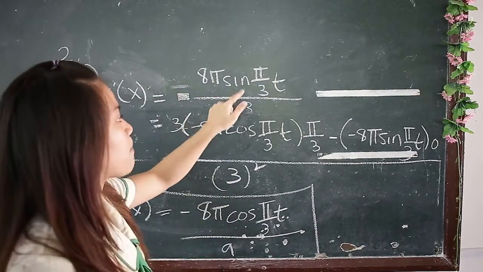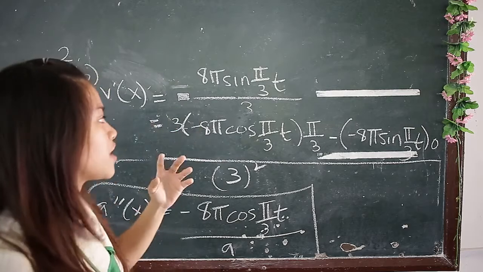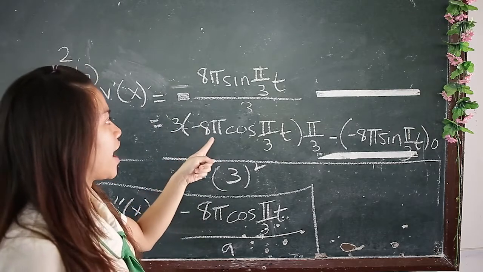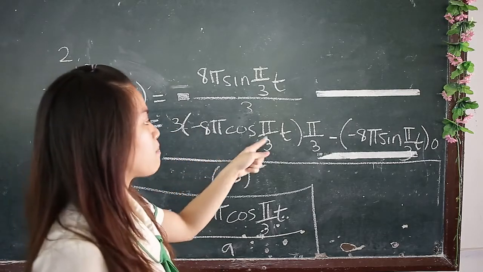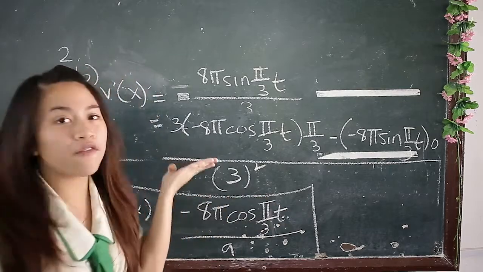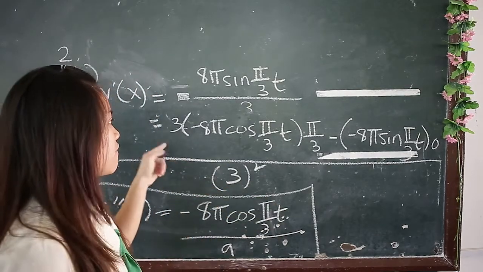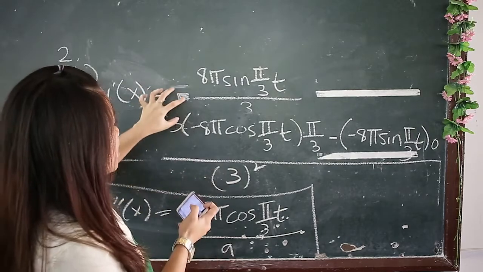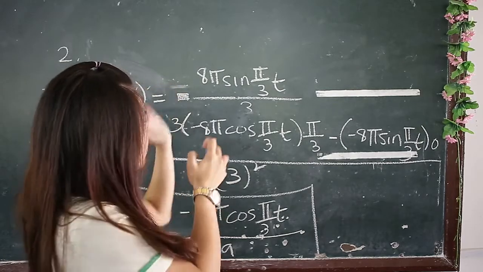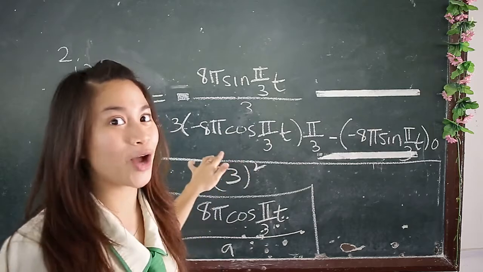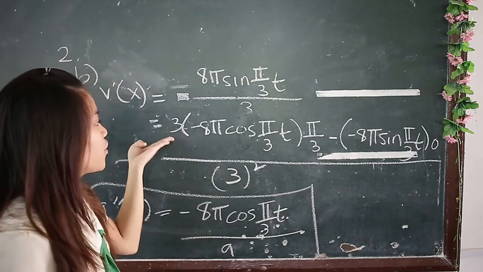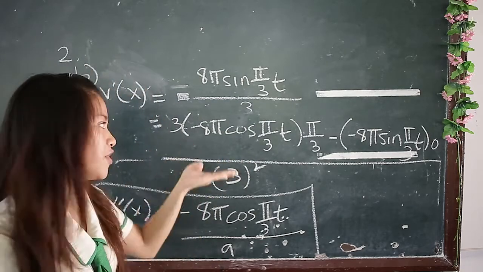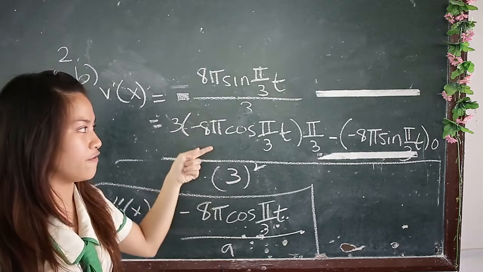So 8 pi sine pi thirds t, the derivative of that is negative 8 pi cosine pi thirds t. If in case you're asking why the negative is already put inside, it is because we are putting the negative inside the equation. So the 3 over here is already positive while this one is negative.